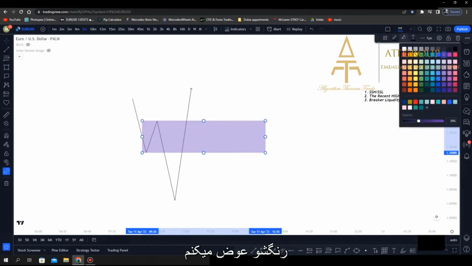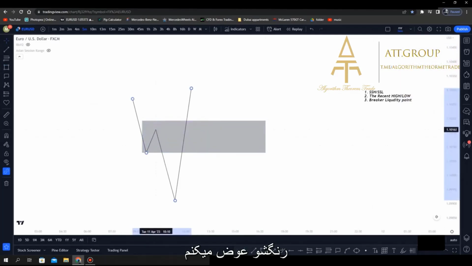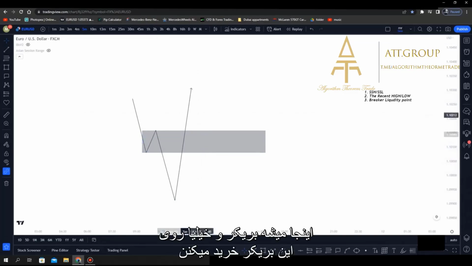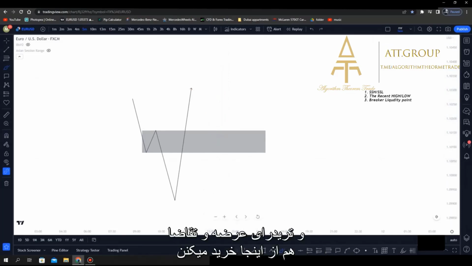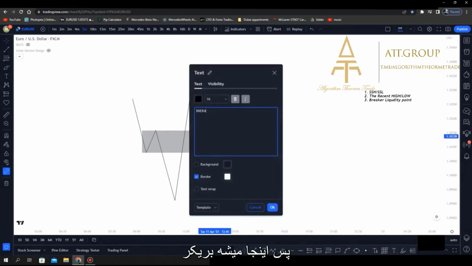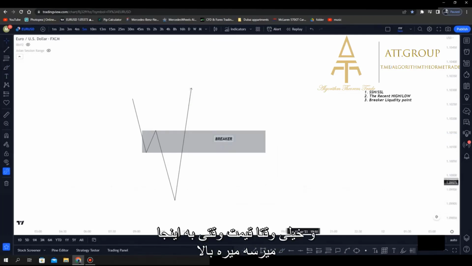Let me make it this color, let me make it a little bit smaller. So this is a breaker. A lot of people buying from this breaker. You can call it break and retest. SNR traders also buying from here. So this will be our breaker, and most of the time price will come right here and go higher.